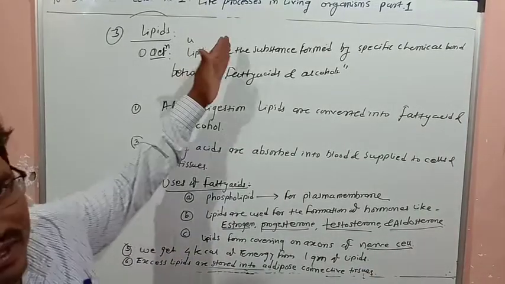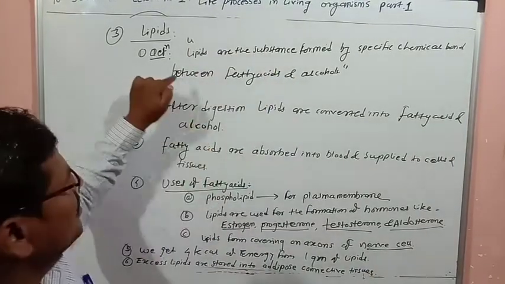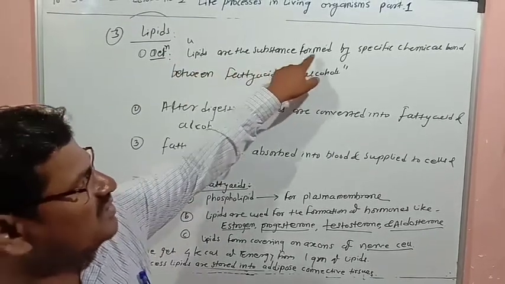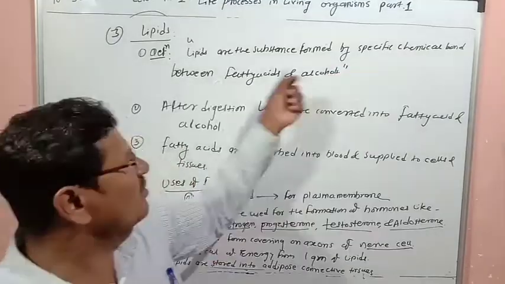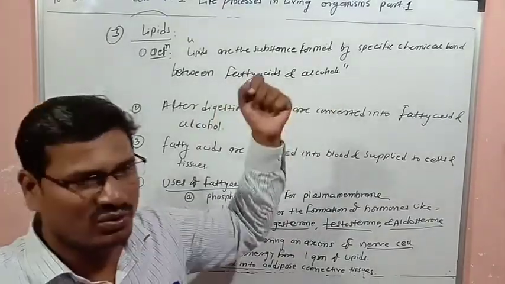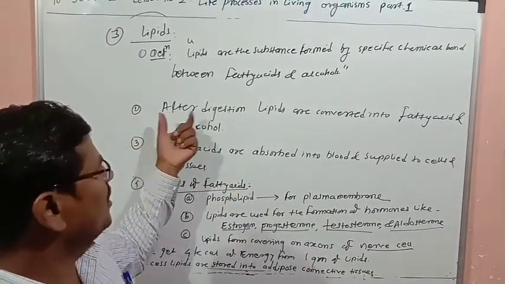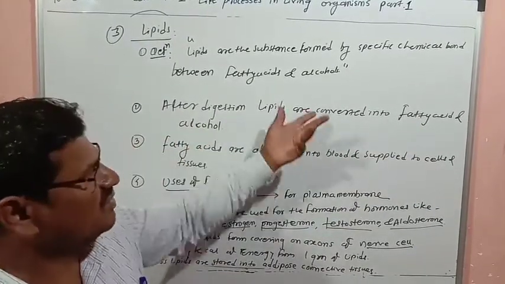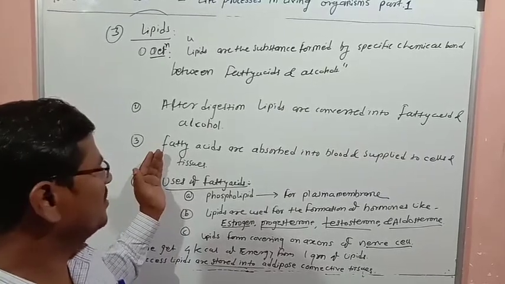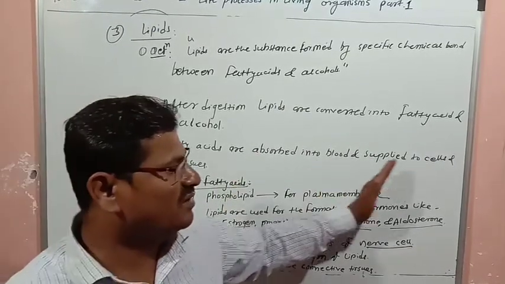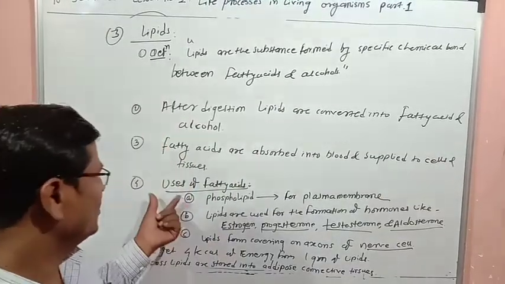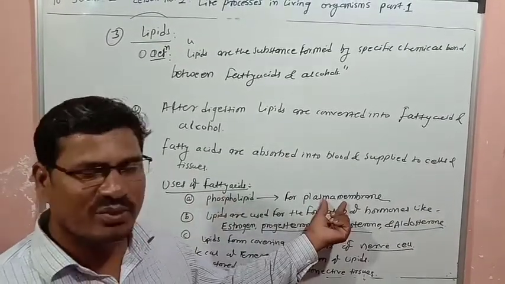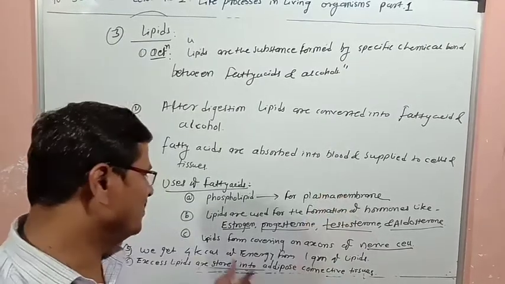So these points are related to the lipids. First, the definition: lipids are the substances formed by a specific chemical bond between fatty acids and alcohols. After digestion, lipids are converted into fatty acids and alcohol. Third, fatty acids are absorbed into the blood and supplied to the cells and tissues. Uses of fatty acids: phospholipid, plasma membrane formation, cell membrane formation.